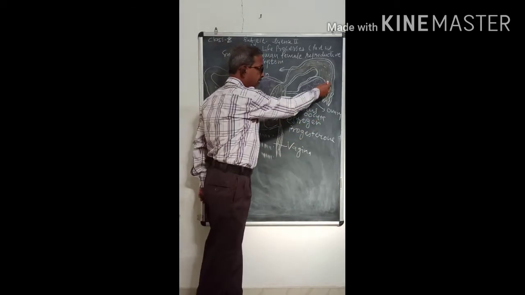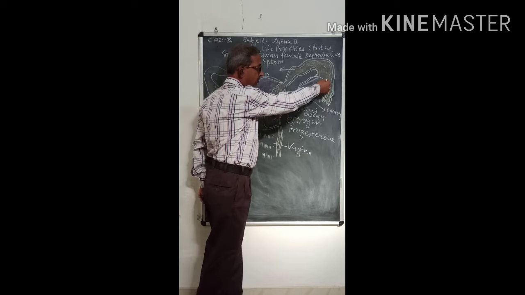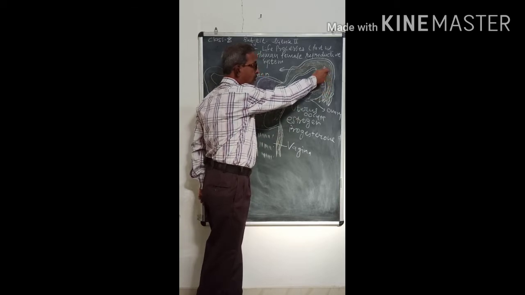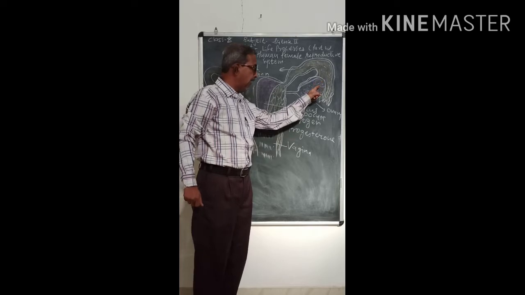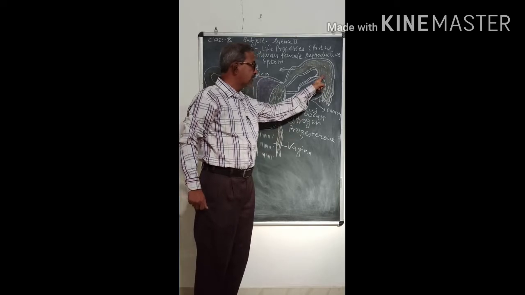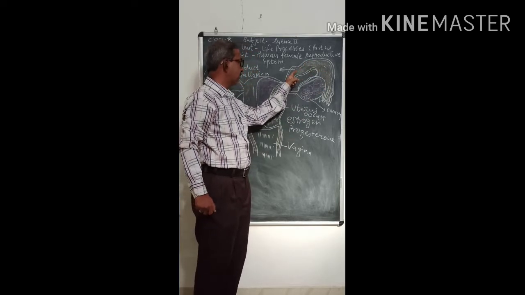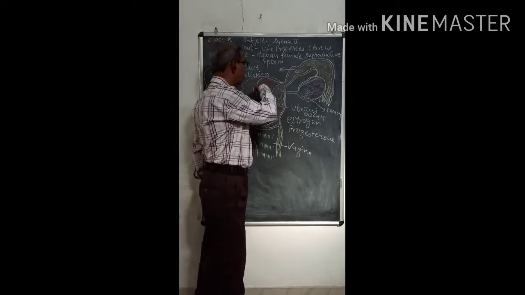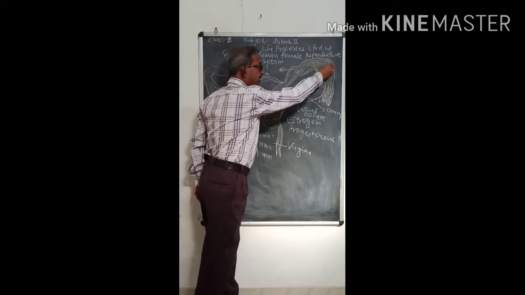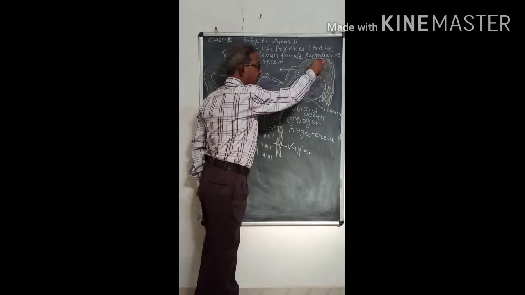Here in the center there is a way to enter the oviduct. So one oocyte is released, and after release it enters the oviduct and comes here in the center. Now inside this oviduct there are cilia, hair-like structures.